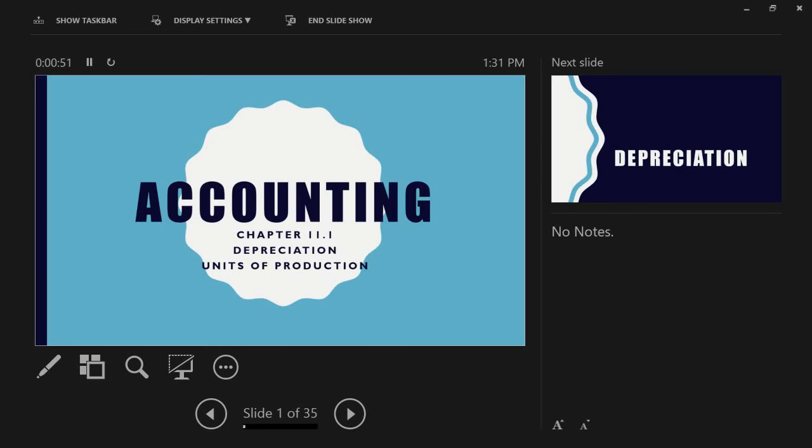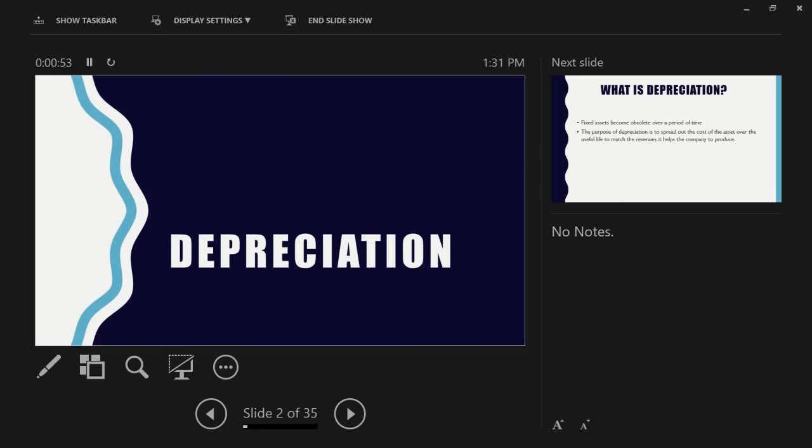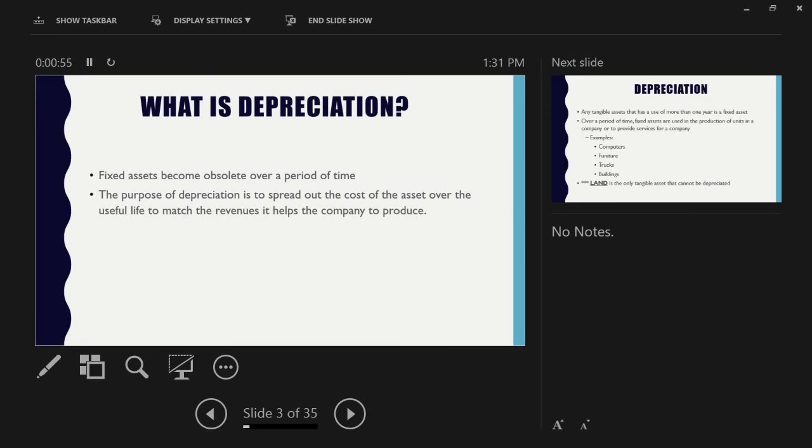But first, before I even introduce that, what is depreciation? Well, when you purchase fixed assets, eventually they become obsolete or they become old over a period of time.